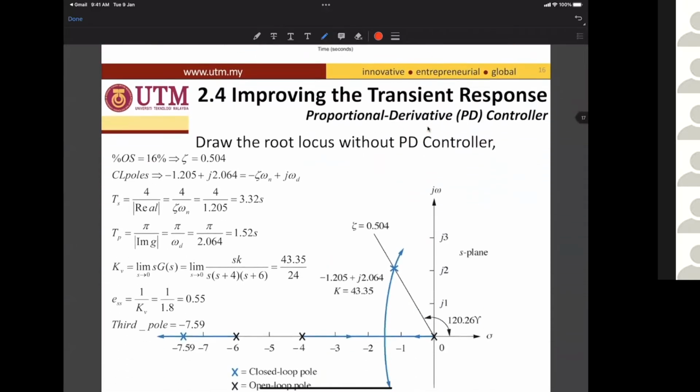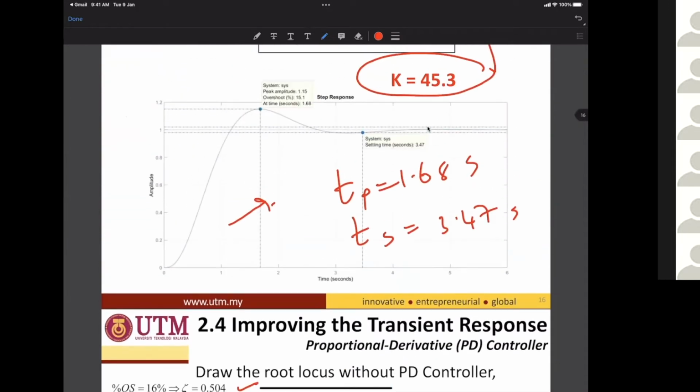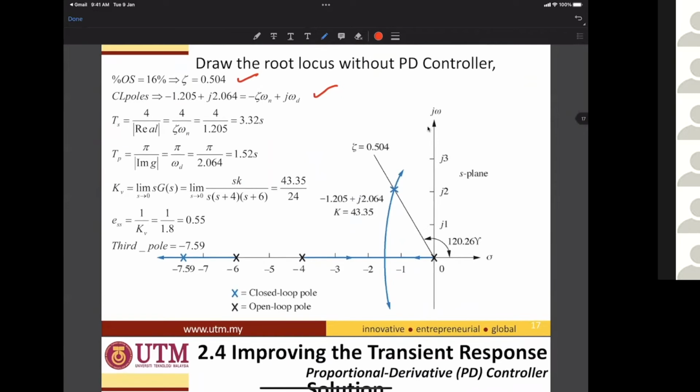Okay, so kita draw the locus and then kita dapati bahawa overshoot 16% is equivalent to zeta 0.504. Close loop pole dia yang ini. Okay, jadi settling time kita boleh kira daripada time response ini, ataupun kita boleh pakai formula saja.